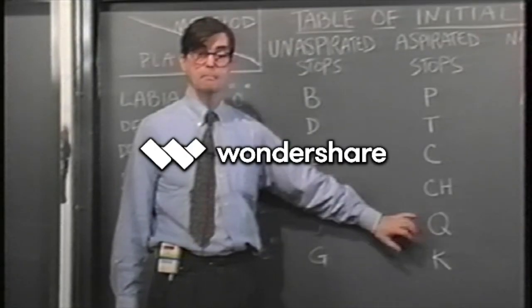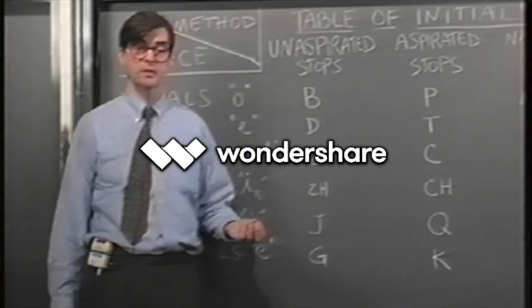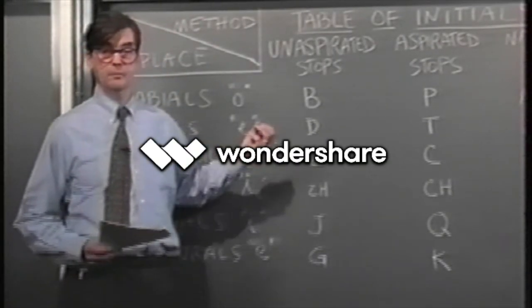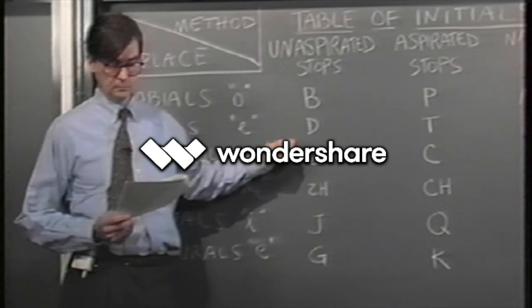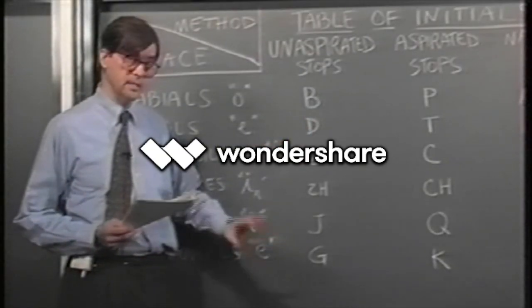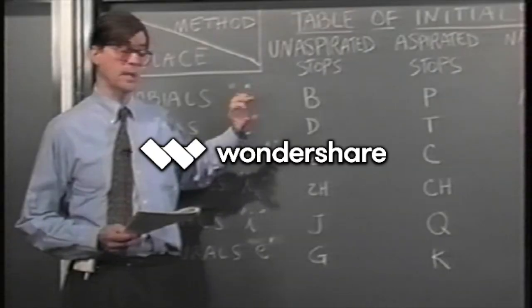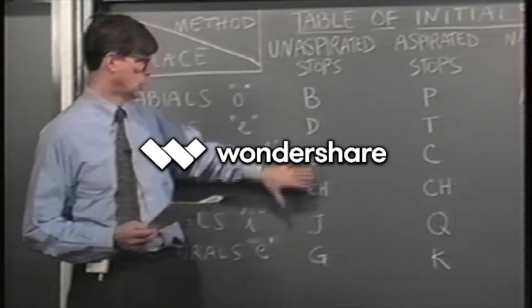Then simply remove the aspiration, give only the mildest possible release of breath, and you will automatically and naturally have produced the first column. Now, why do I tell you not to look at this stage when you're first learning these unaspirated stops? Why do I tell you to concentrate on the second column and not look at the first column?